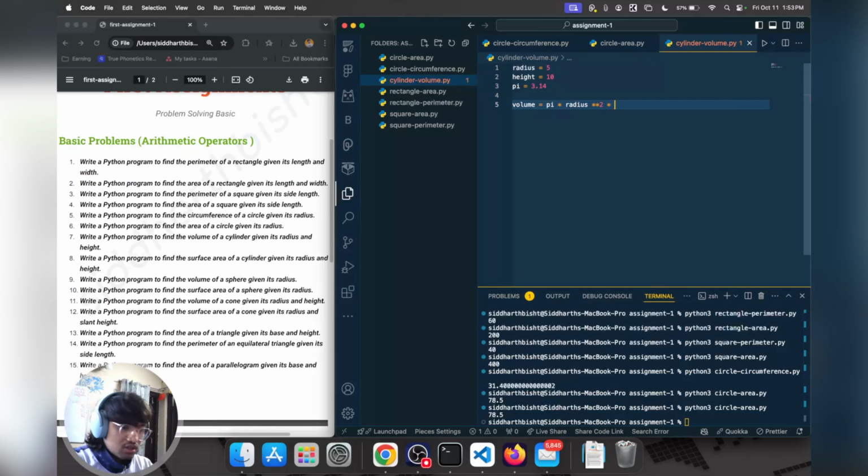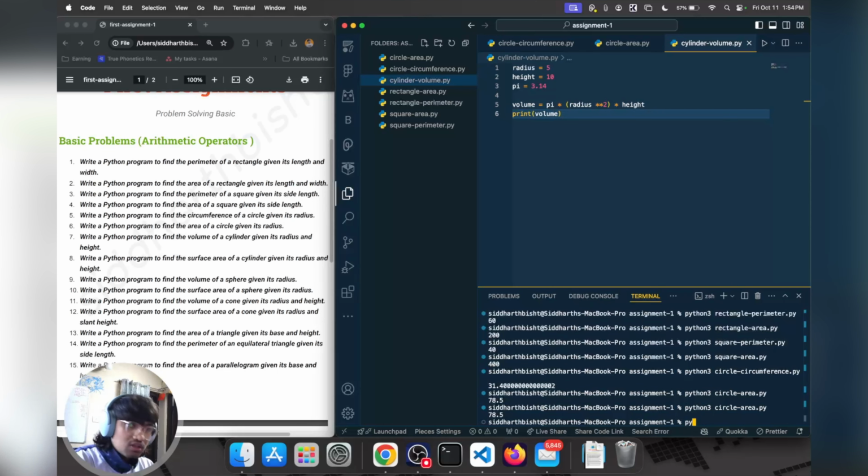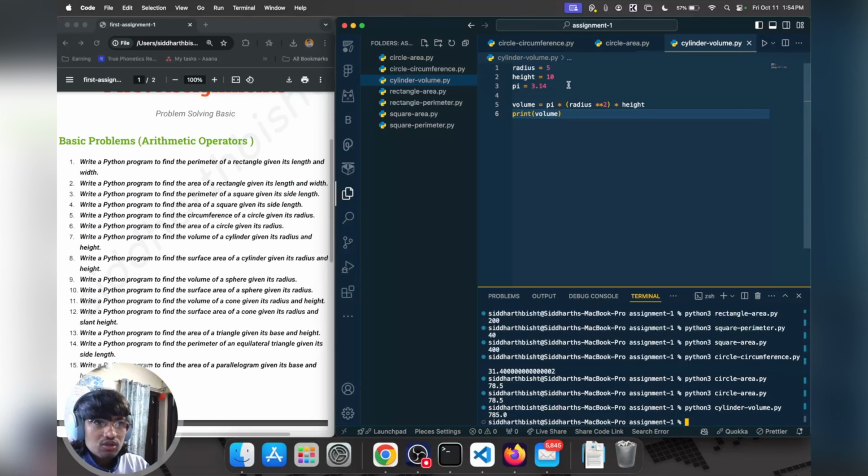Just to make sure that this r square happens first, I think it's not even required, but I can also put a bracket here so that it solves this first. Then I will write print volume, and as soon as I run this program, I will get the volume of the cylinder. Python 3 cylinder volume.py, 75.0. So I got its volume. We just need the formula for it and we can apply it.